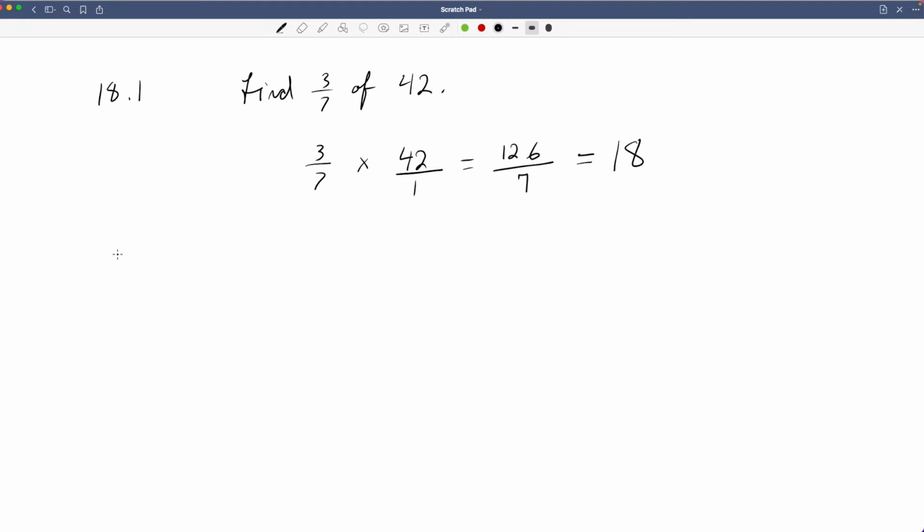So let's look at 18.2. 18.2 says, what number is 5/7 of 12? So when it says what number, that's a question, right?